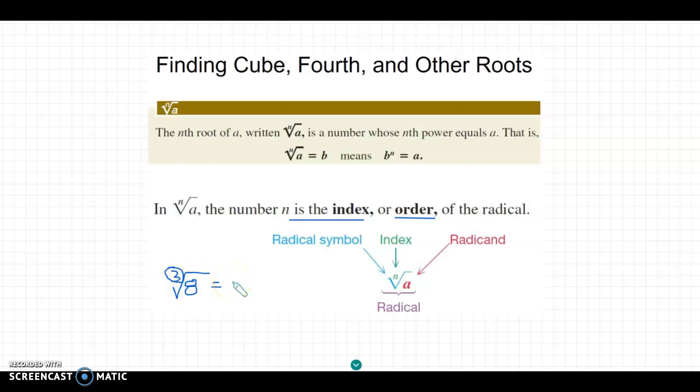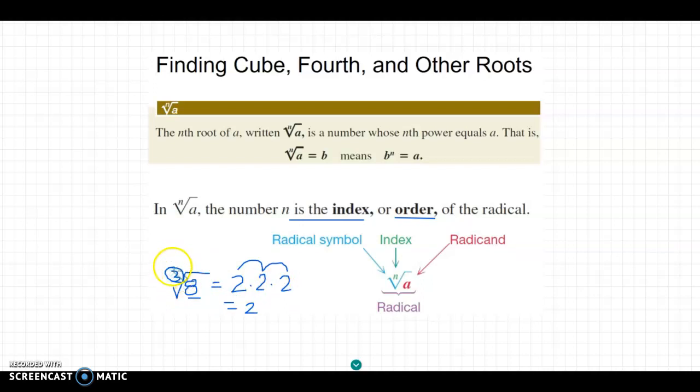You can start trying 1 times 1 times 1, that will be 1, so it's not possible. 2 times 2 times 2: 2 times 2 is 4, and 4 times 2 will be 8. So the cubic root will be 2, because if you multiply 2 by itself 3 times, that will be 8.